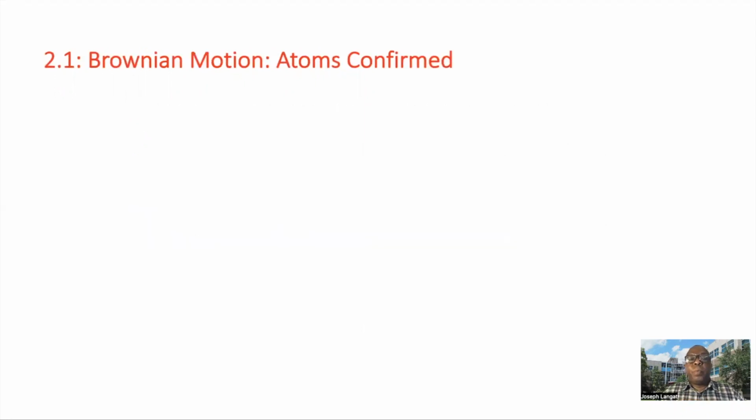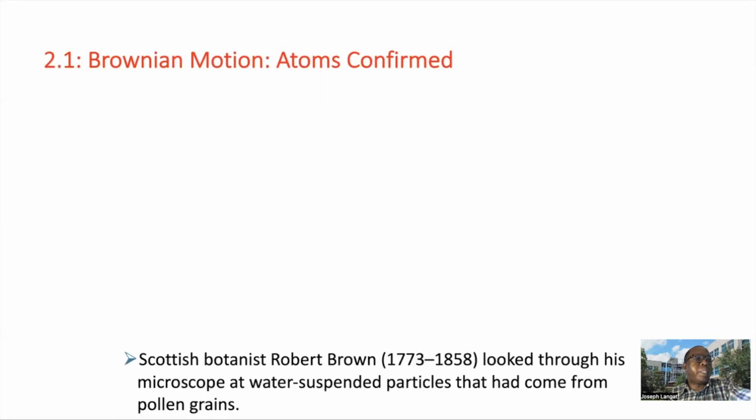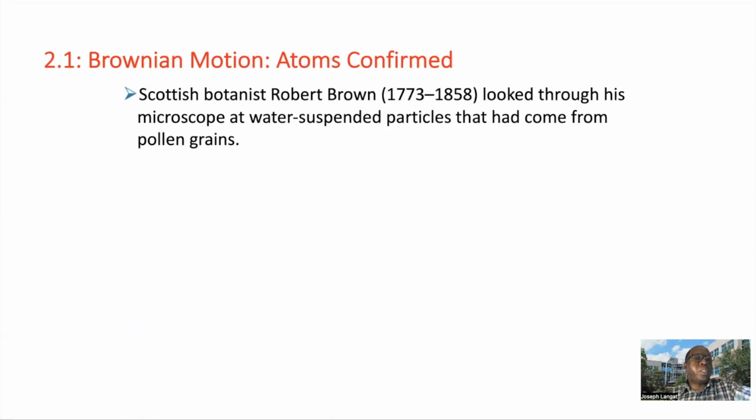How did we end up with the atom? It started with the Brownian motion experiment, and Brown is the name of an individual, a Scottish botanist who in 1829 performed an experiment which led to what we call Brownian motion.